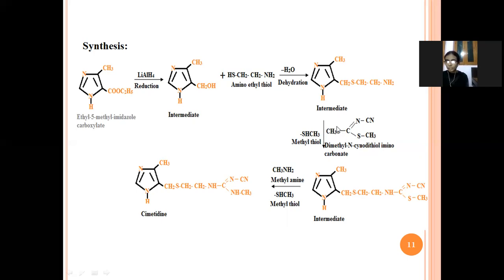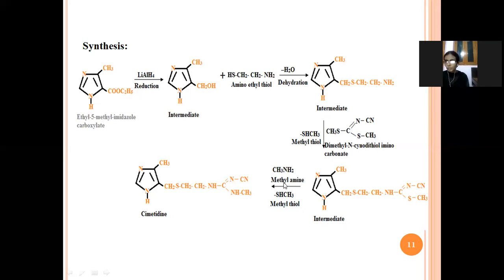See here CH3S, and from the intermediate B, one of the hydrogens will get eliminated in the form of methyl thiol to get the intermediate product C.